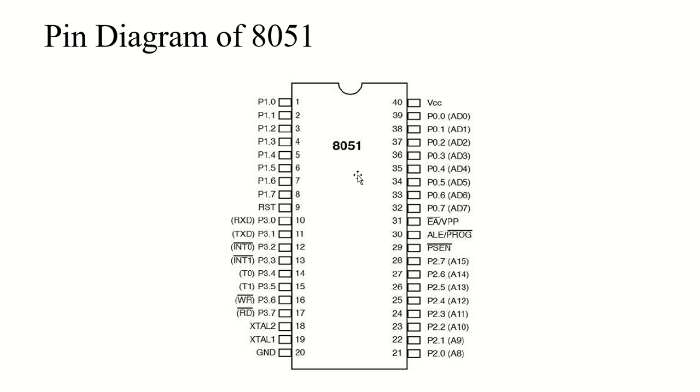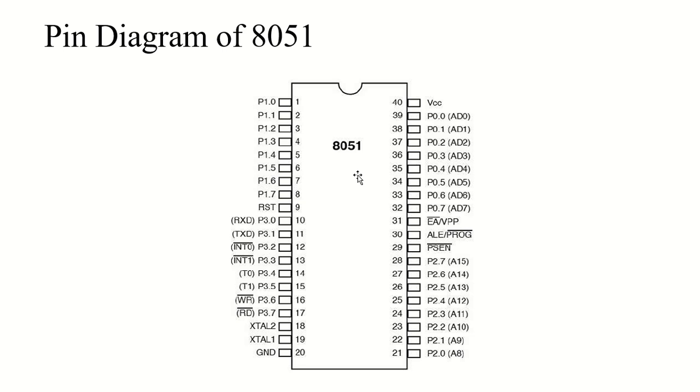If you want to check out the details about the circuit diagram of different ports of the microcontroller, check out the video which will be flashing on the top right hand corner of your screen in the i button. Just click on the link and you will be redirected to that video, so you can check that out and learn it.